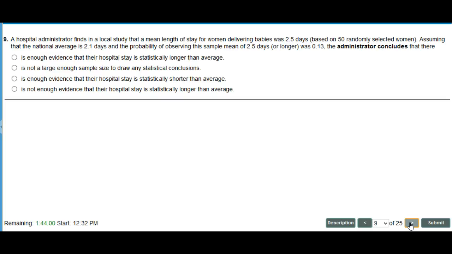Is not a large enough sample to draw any statistical conclusions. Is enough evidence that their hospital stay is statistically shorter than average. Is not enough evidence that their hospital stay is statistically longer than average.